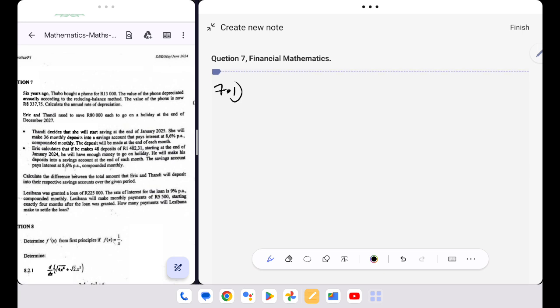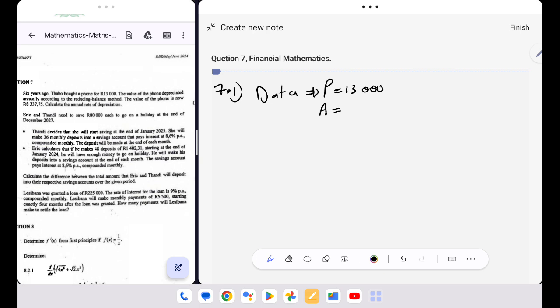We do have our principal amount. I prefer that whenever I do financial maths, I write down the data or information that I have. For my principal amount, I know that this phone was bought at a price of 13,000.